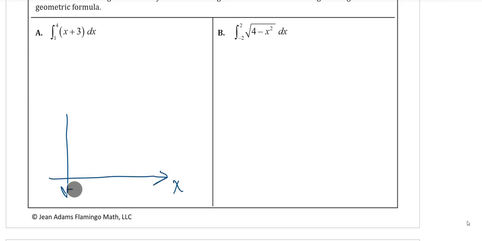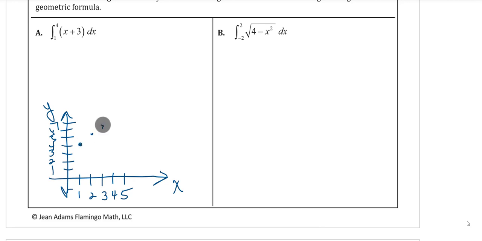So here's my x, here's my y. So 1, 2, 3, 4, 5, 6, 7, and then we're only going up to 4. So if I sketch this line, here is the part of the line that I want.